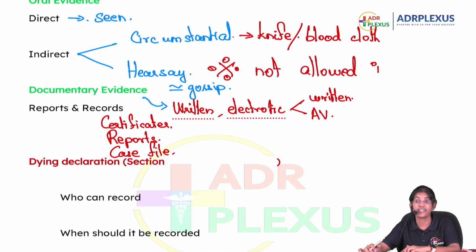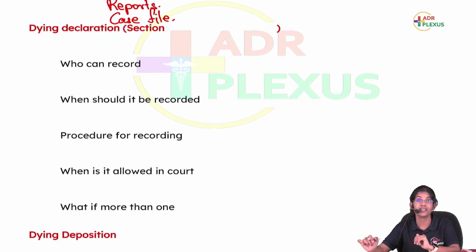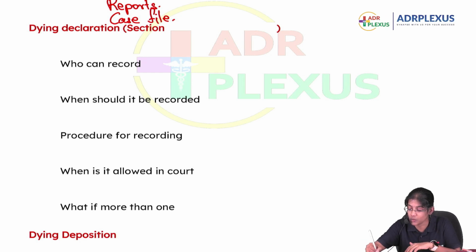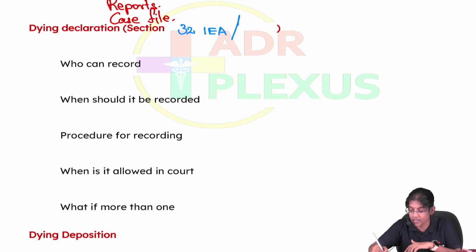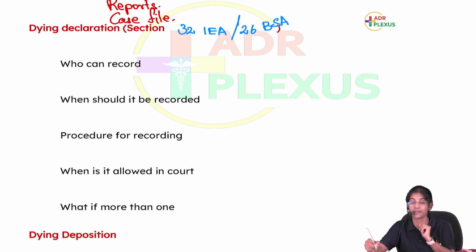Then you have dying declaration. Dying declaration, again, an important area where they have asked questions. Previously, we had it under Section 32 of the Indian Evidence Act. Today we deal with it under Section 26 of the Bharatiya Sakshya Adhiniyam, BSA. Okay, 26 deals with it.